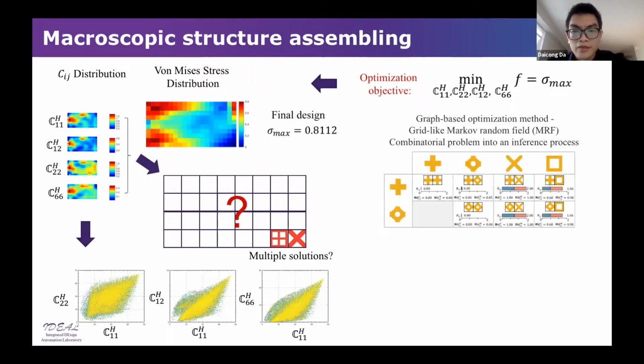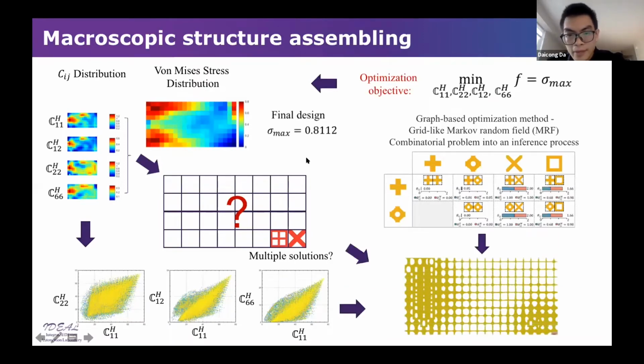So another perspective we want to take care of is that when we assemble the final structure, we want the connectivity between the neighboring unit cells to be good. So we use another graph-based optimization method to make sure that the connectivity between different unit cells in the neighborhood is well connected. By combining all these techniques, we can finally assemble the structure looking like this, and you will see that the connectivity between different unit cells is very good.